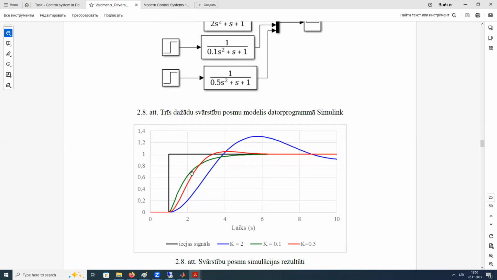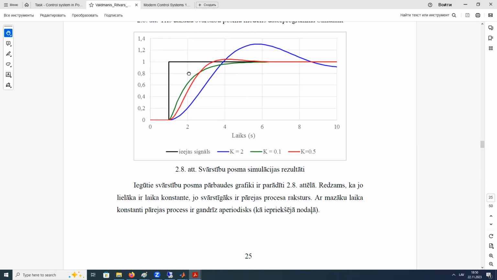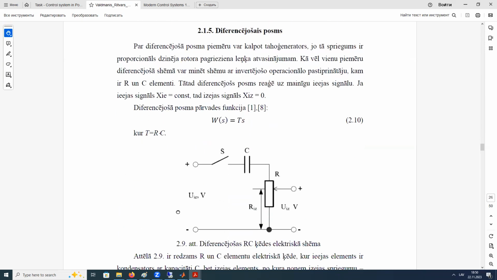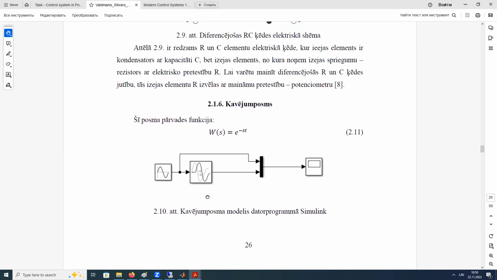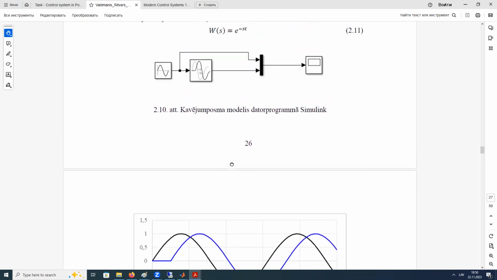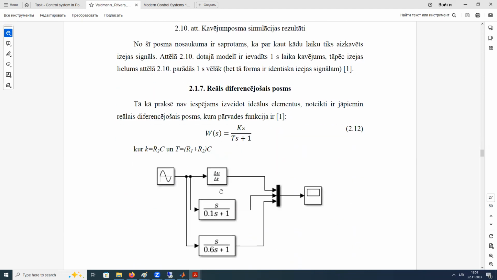But the main idea is that at the end, the output signal will be equal to the input signal. This is the oscillator. The next one is the time delay. This is a very simple time delay. It represents the input signal only with a delay.